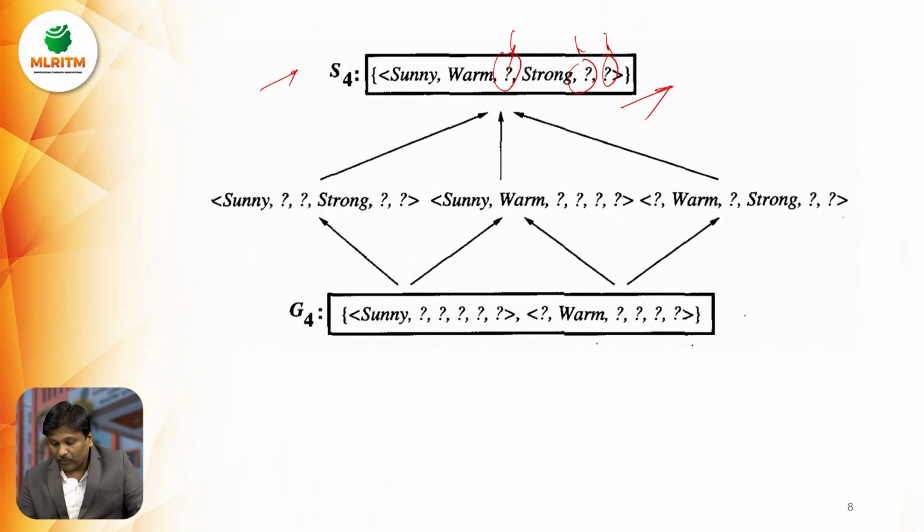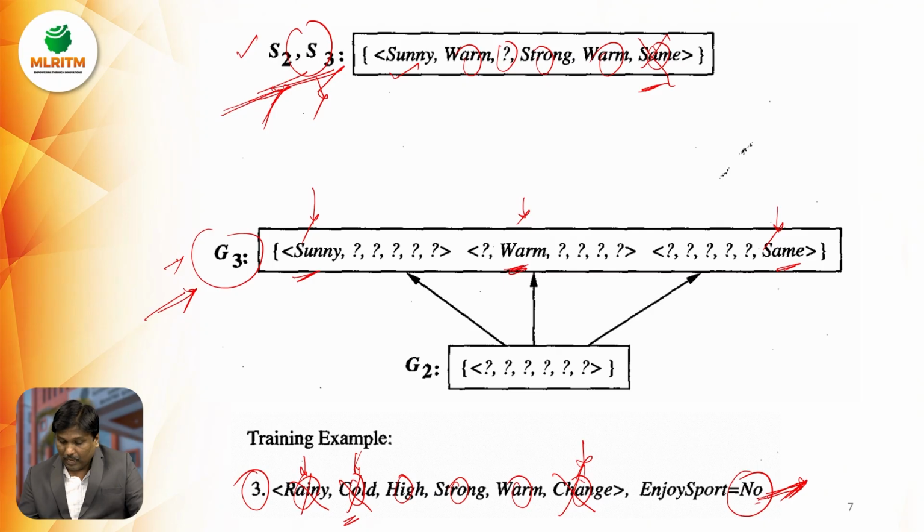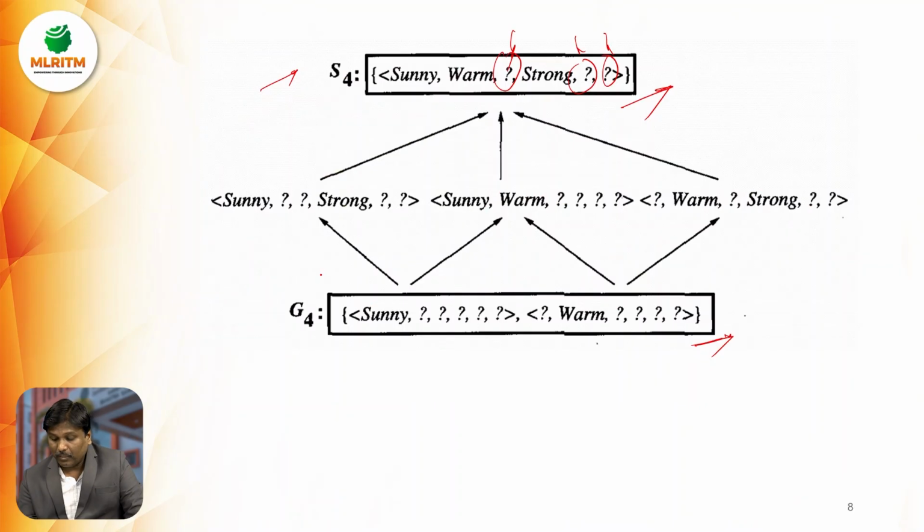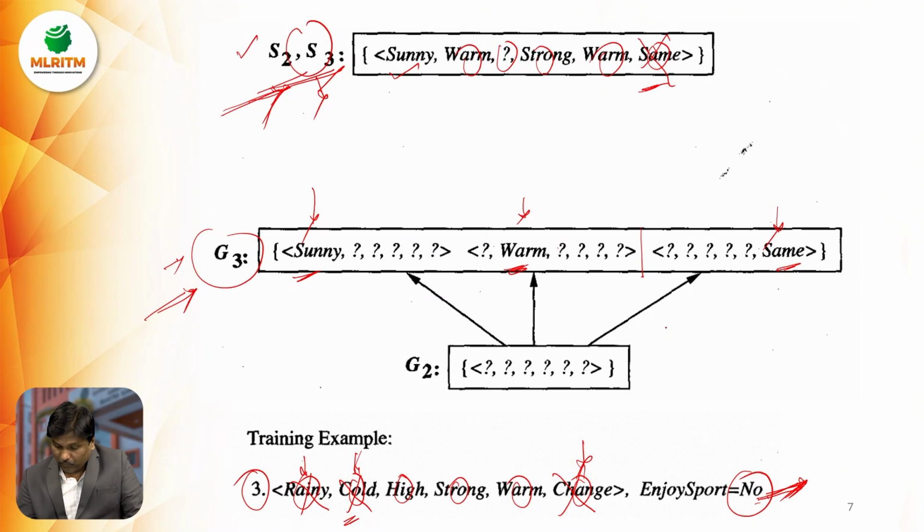Coming to G4, yes, we can note down G4. How can I update G3? Here I have three hypotheses. Out of these three hypotheses, I can consider only two values. Why? Because the weather forecast same is to be ignored.